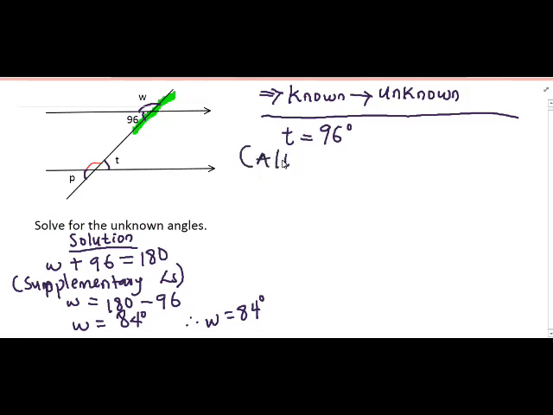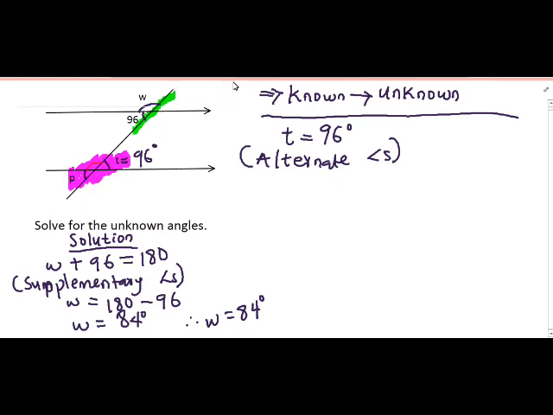So the reason for that is alternate angles. Okay, now we've found T to be 96 degrees. How can we find P? If you can observe very well, if you're careful enough, you see that actually P is vertically opposite to T, right?